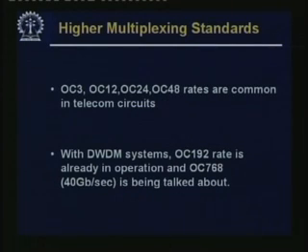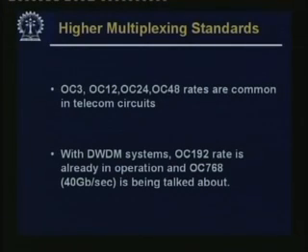OC3, OC12, OC24 and OC48 rates are common in telecom circuits. If you remember, OC48 is 16 times OC3, that is 16 times 155 Mbps, which is about 2.5 Gbps. Up to 10 Gbps is very common these days. Actually, right now with DWDM systems, the OC192 rate is already in operation, and OC768, which is 40 gigabits per second, is being talked about.